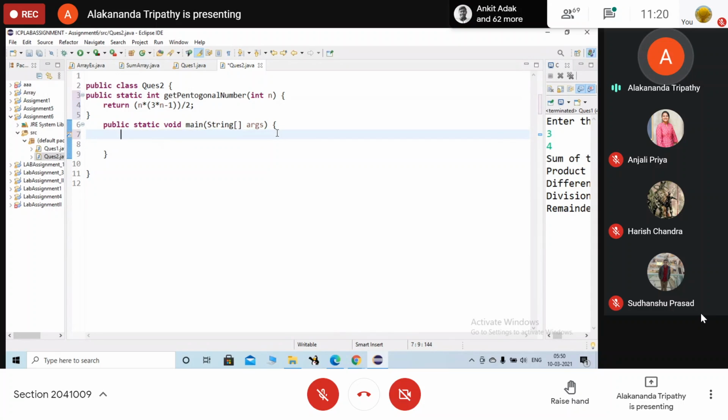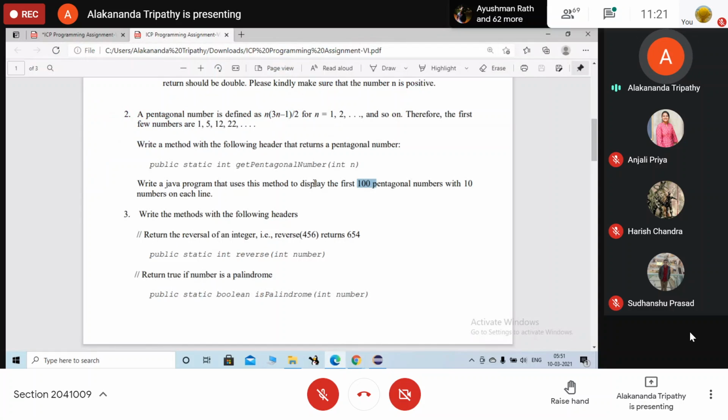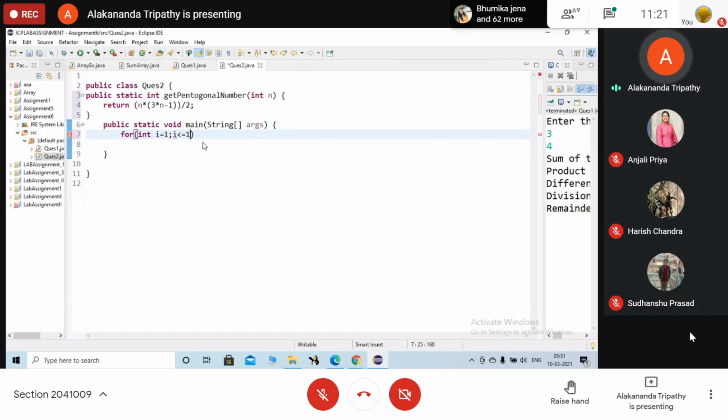but I need to write. So how many numbers we are going to display per line? So number of numbers that we are going to display per line is 10. So here for int i equals to 1. तो यहाँ पर क्या बोला गया है? First 100 numbers निकालने हैं. So i less than equals to 100, i plus plus.